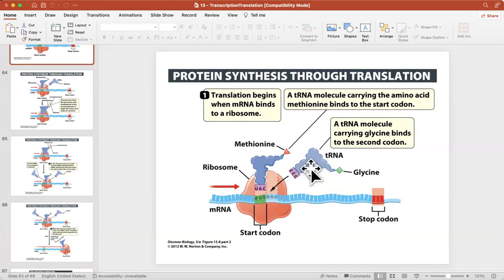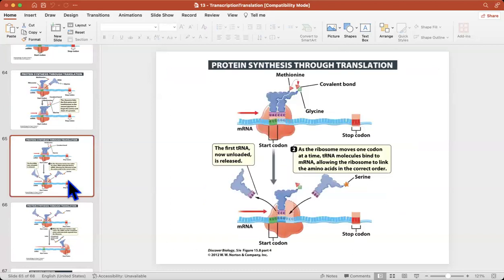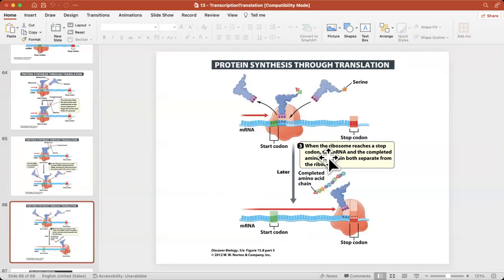Another tRNA with the correct anticodon will come, and it will bring another amino acid. Now these two amino acids will form the peptide bond and connect together. That's called the elongation process. This process will keep going down until it reaches a stop codon.